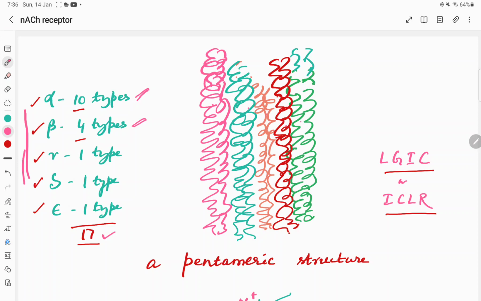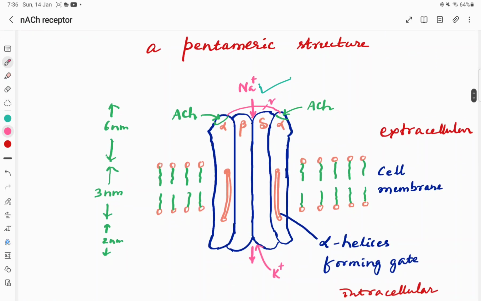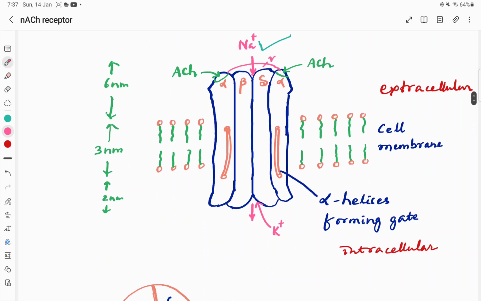Similarly 2 can be from alpha and the other 3 from the rest. In this figure there are 2 alpha subunits, 1 beta, 1 delta and 1 gamma subunit, and all these 5 together form a pore.